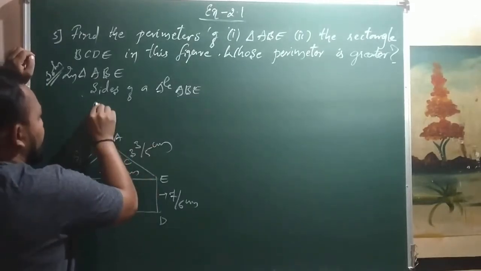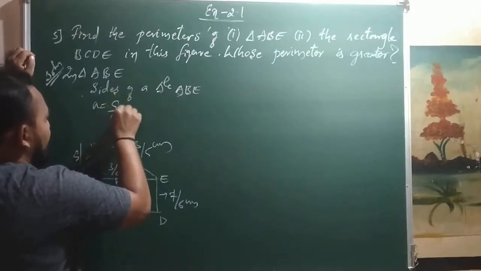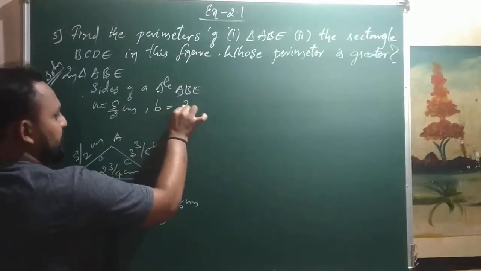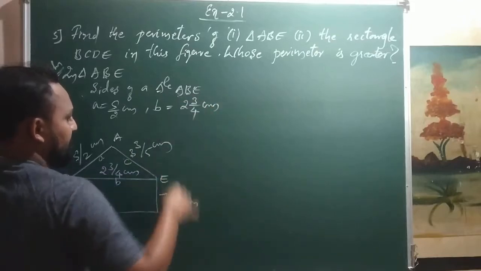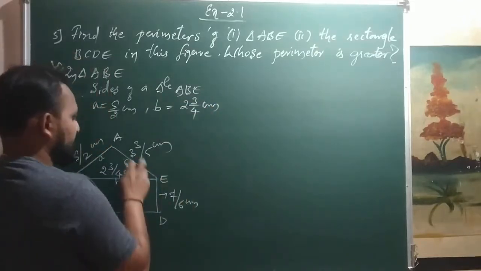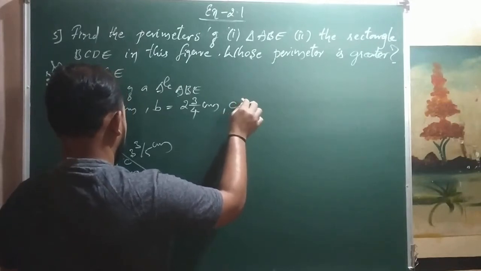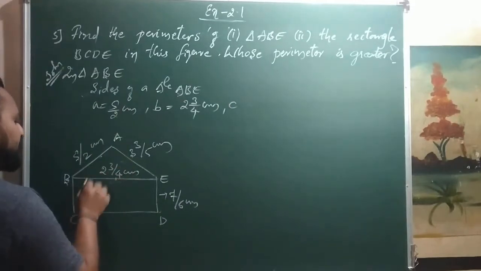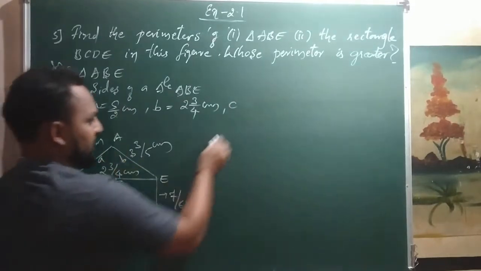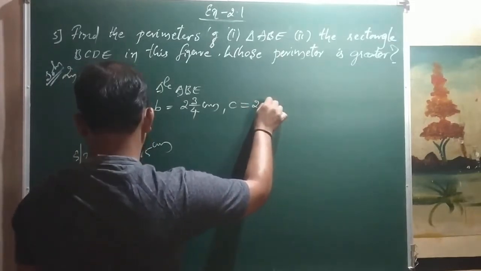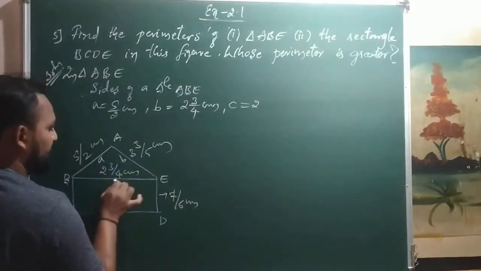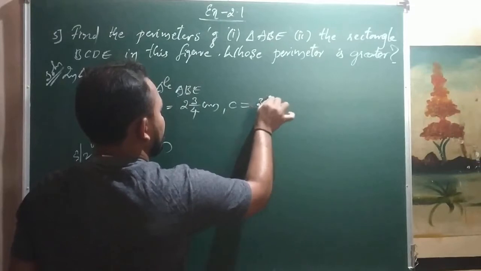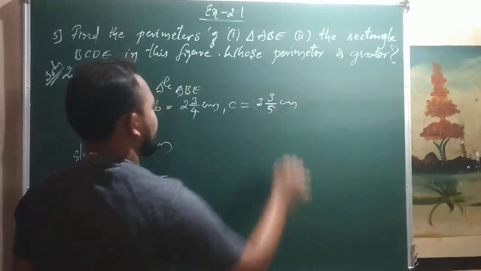Here a is equal to 5/2 centimeters, and b is 2 3/4 centimeters, and c is 3 3/5 centimeters.